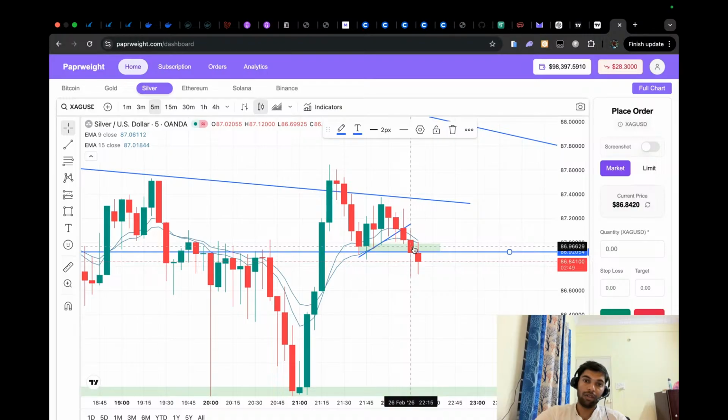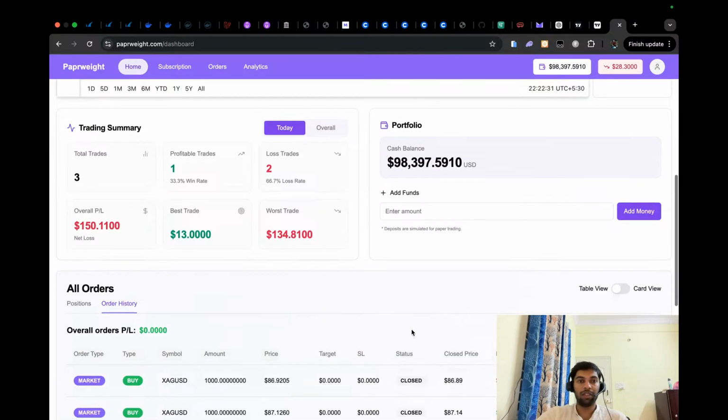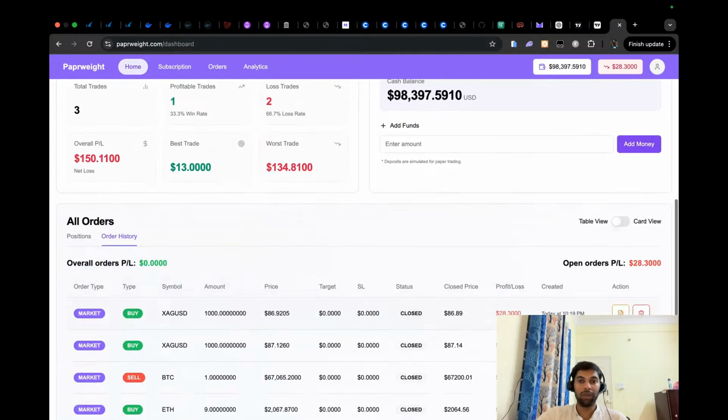But as soon as the second candle started, the current candle, the market went a little bit above and took a rejection from the upside. That means there is a presence of sellers there, not buyers. So I just jumped out of my trade with a $28 loss.